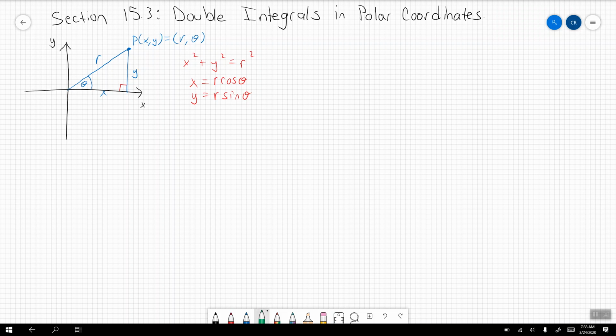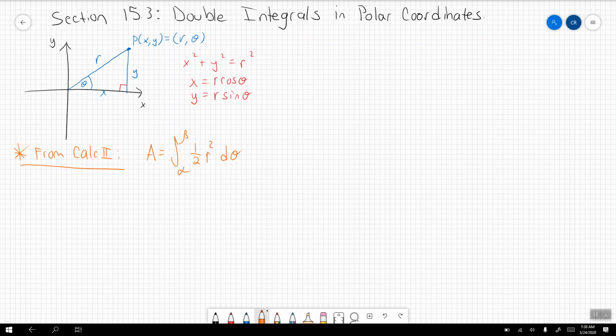Now, from Calc 2, we're actually then able to say, hey, if we want the area of a sector bounded between alpha and beta, then we're going to have to use 1/2 r squared d theta.